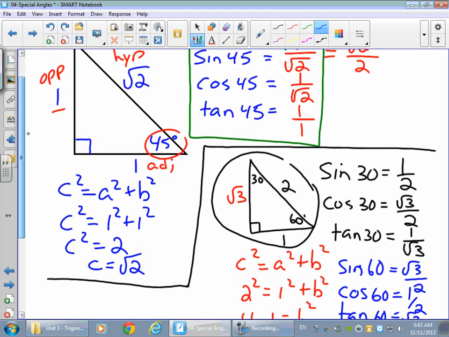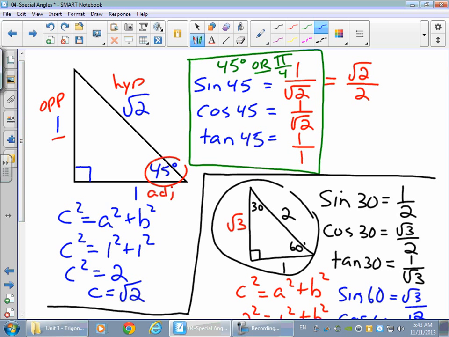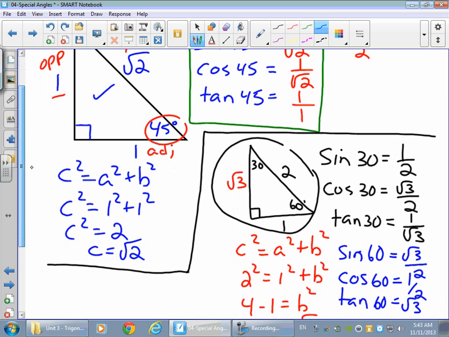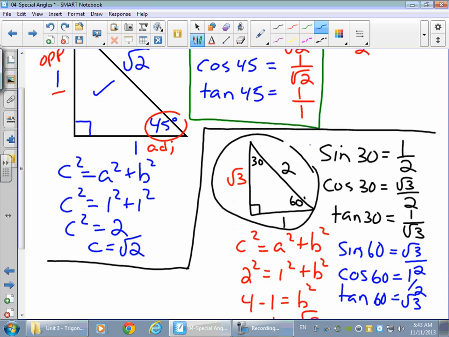Okay, so what's going to be important to us is to be able to reproduce these two diagrams and find those missing angles or those missing ratios if we don't have them. Again, I don't suggest memorizing a whole bunch of things like this, because as long as I know how to draw the 45-degree triangle, which is very simple, two sides of the same length, and then calculate the third side, and as long as I can remember essentially one angle over here, 30, or again, pi over 6, being 1/2, then I can reproduce the triangle to get those special angles.